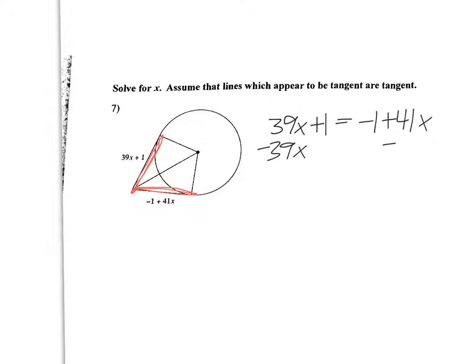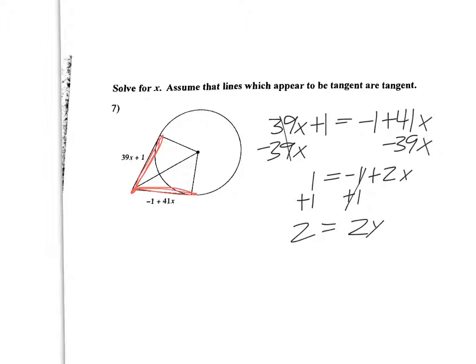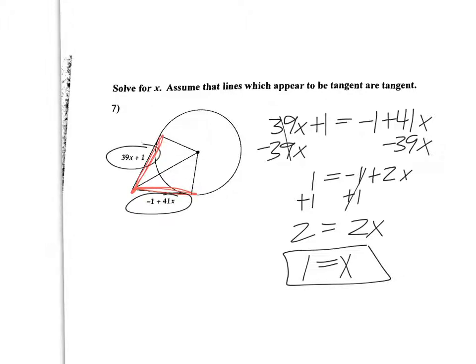So minus 39x, it's 1 equals negative 1 plus 2x. Add 1, so we get 2 equals 2x, which means x equals 1. So in that case, we're setting this and this equal to each other. So tangents and their relationships in circles.